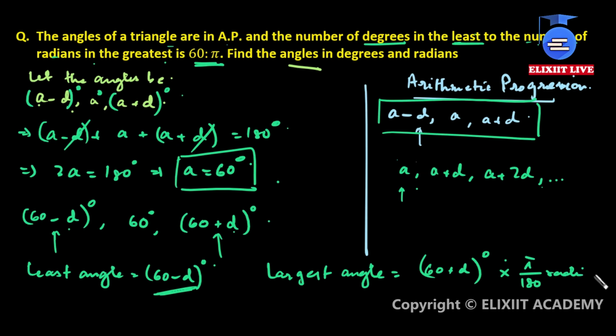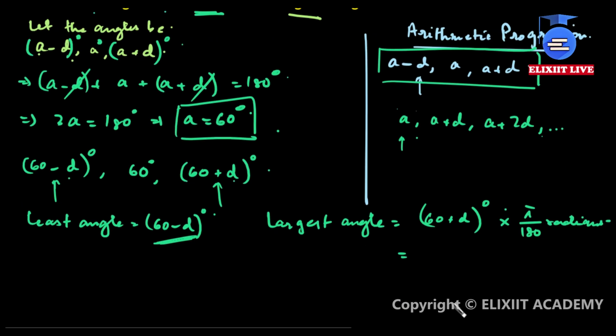After some simplification we'll see. So this ratio, least angle in terms of degrees is to largest angle in terms of radians, is what they have asked us to find out.